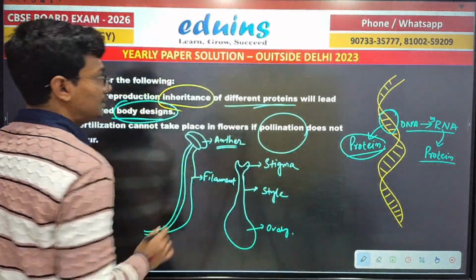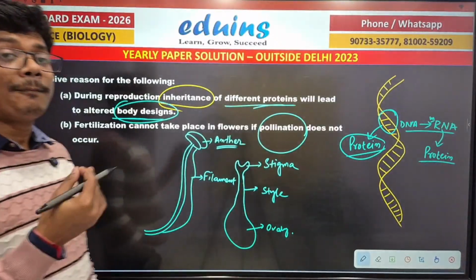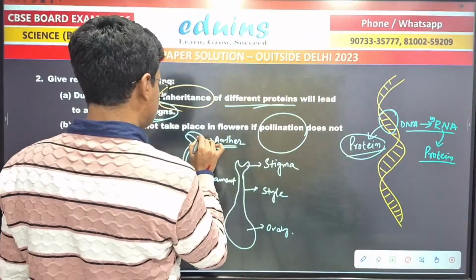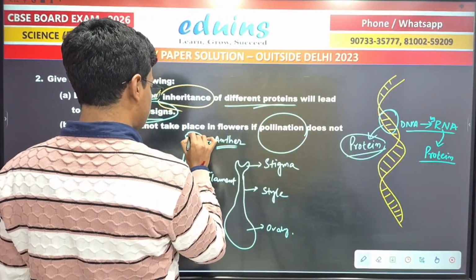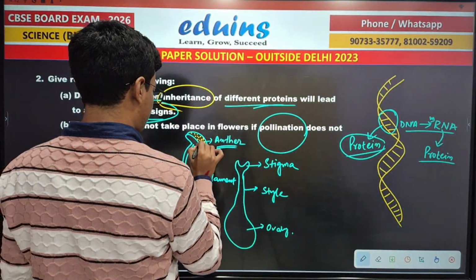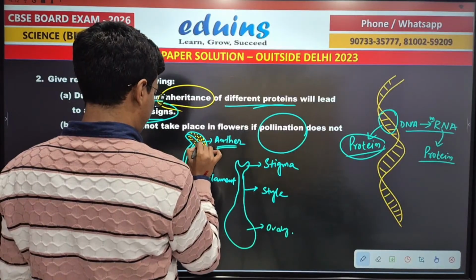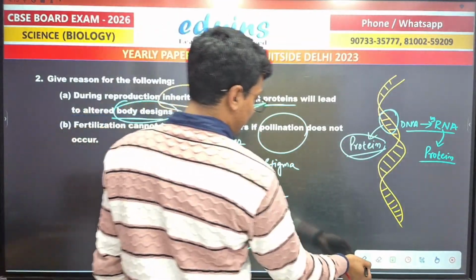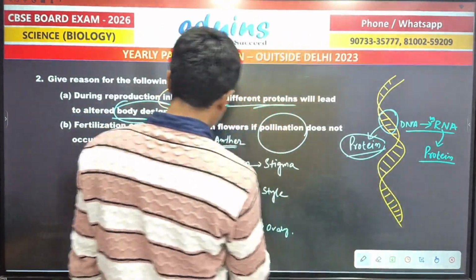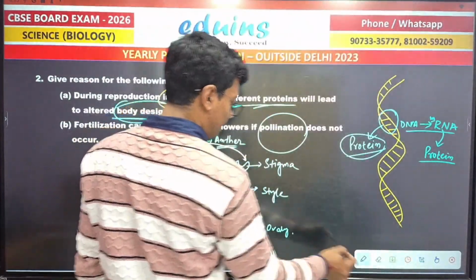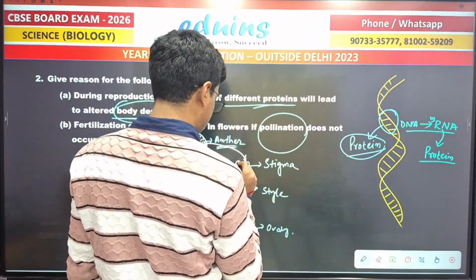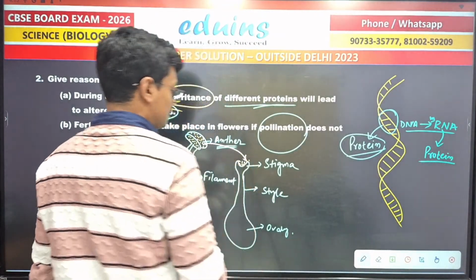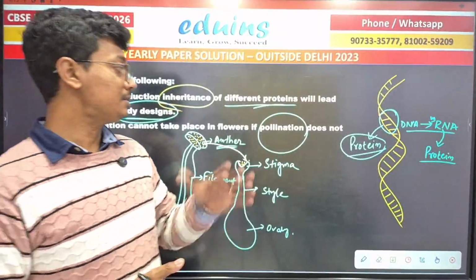And the anther contains the pollen grains. These pollen grains are transferred from the anther to the stigma. This process is known as pollination.